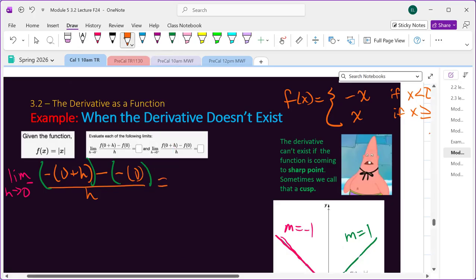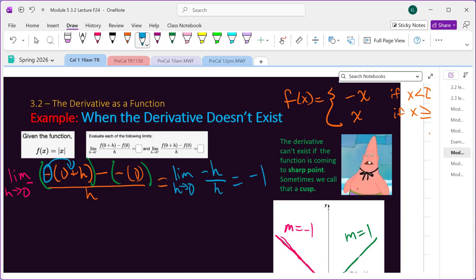Let me use some extra parentheses. Forgot my limit. So that negative sign in front of the 0 plus h is going to be distributed into the h. So we have negative h over h. And that just cancels and becomes negative 1. So my slope on the left side is negative 1.